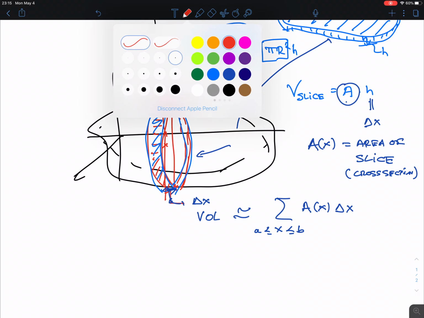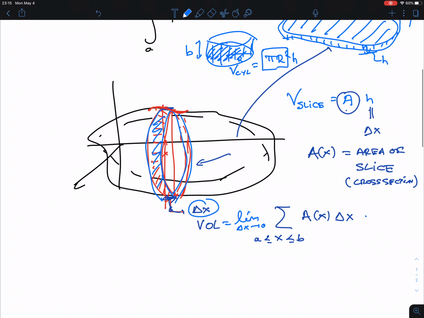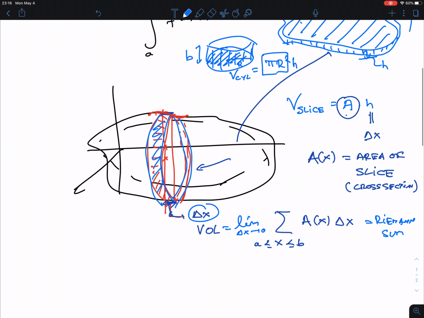So in order to have real equality, I have to take a limit here. The volume is equal to the limit, by making this always smaller and smaller, with delta x going to 0. But look at this. This is a Riemann sum again. Remember, I gave it the name Riemann sum just because I see it again here.